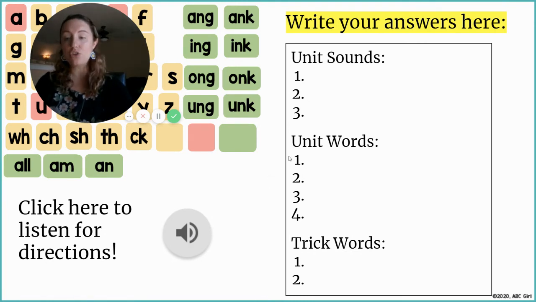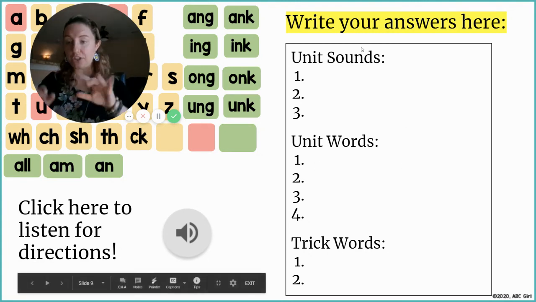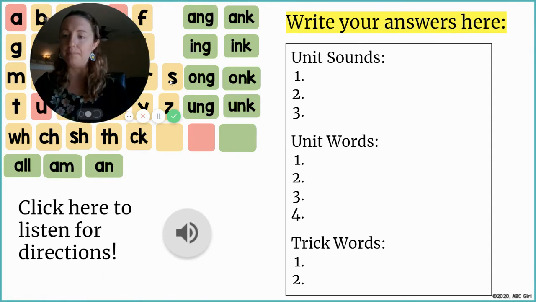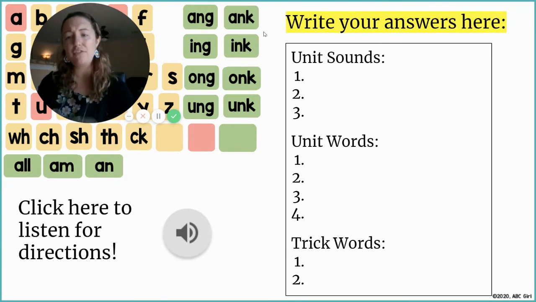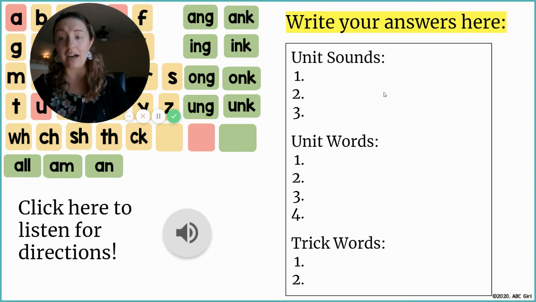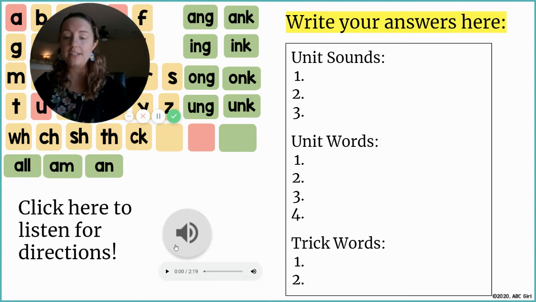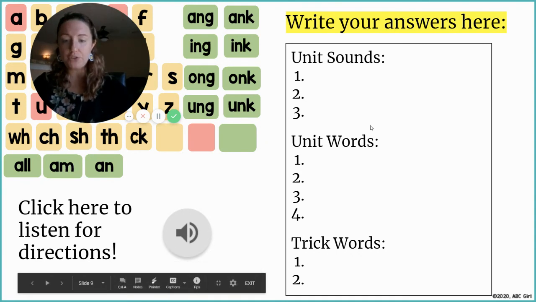When you listen to the directions, it will tell you to fill out this part right here. You can use your keyboard to fill out these answers. Don't use the letters on the screen. That will be too long and too difficult. If you want to, you can, but I think that using your keyboard would be a lot easier. So listen to this and fill out this answer sheet when you're done.